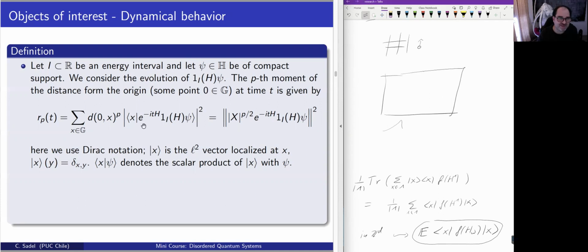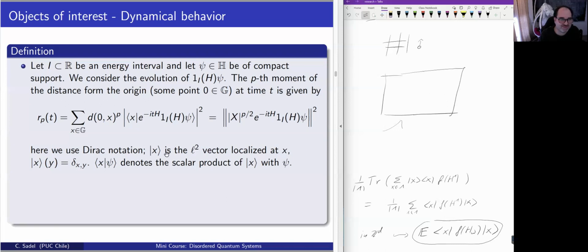So this means we look at the evolution, e to the minus itH of this projection 1_I(H) of psi, and its value at x, which I've written here in this fancy way using Dirac notation.